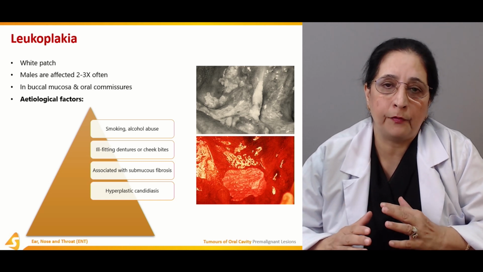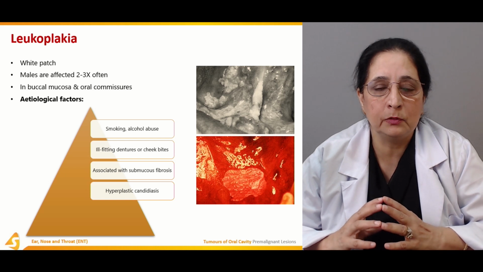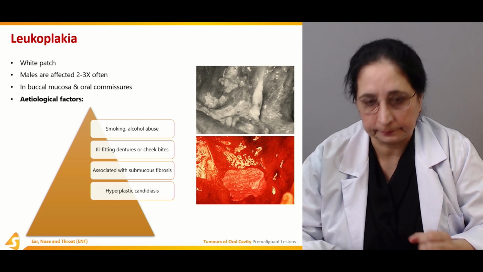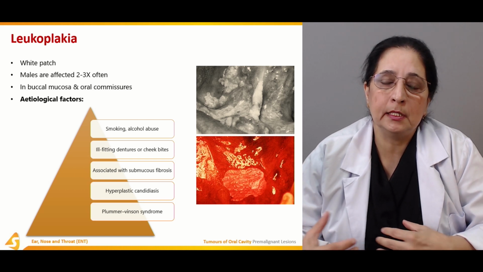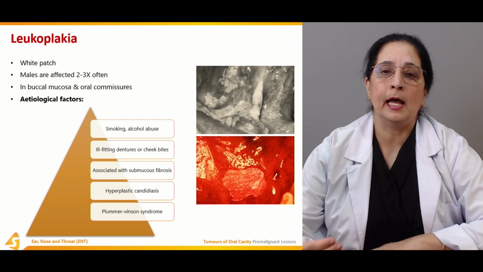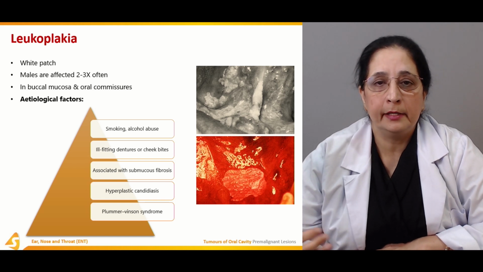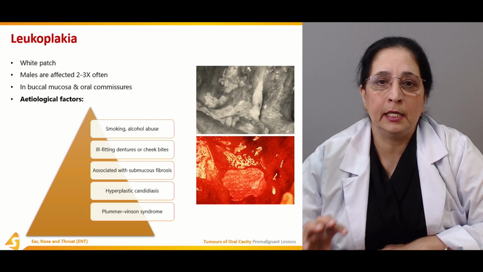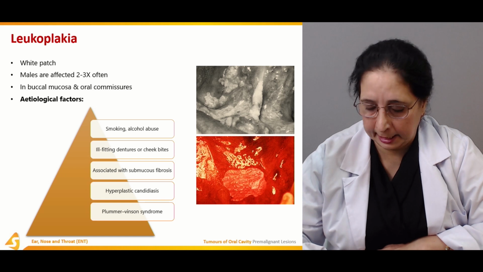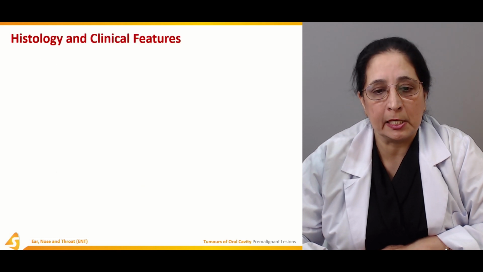White patches are formed due to candidal infection. Then Plummer-Vinson syndrome, caused by iron deficiency. There is iron deficiency anemia, and people who have iron deficiency can have this leukoplakia in Plummer-Vinson syndrome.